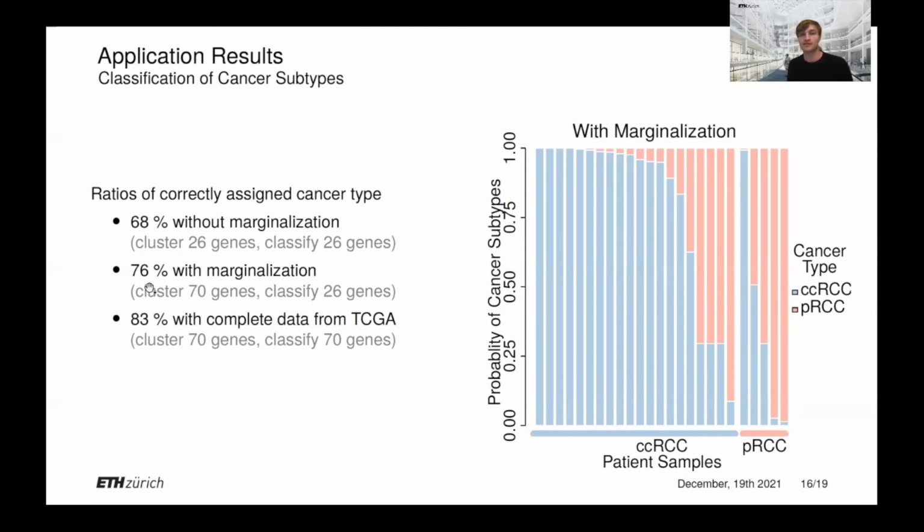Obviously, if we were to completely neglect the genes from the analysis, instead of imputing for them using marginalization, then we would have a lower accuracy, which is 68% of the samples assigned to the correct cancer type, right? We can also see this visualized here on the right. Here we have the probability of the cancer subtype of each sample, shown on the y-axis, and on the x-axis we have the CCRCC and papillary RCC samples.